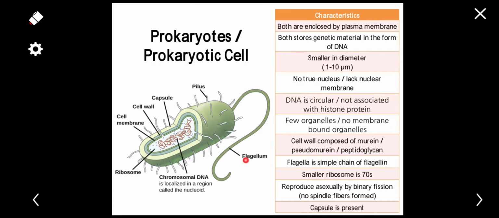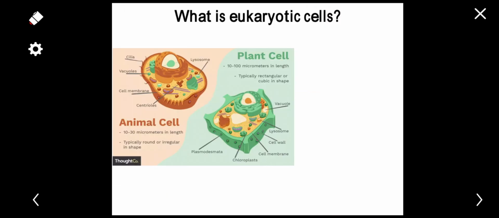Lum means singular. Flagella is plural. Okay, it's like a tail. And then ribosome, we calculate the size of ribosome based on this number, 70S. 70S is a smaller one. And then it can reproduce asexually by binary fission, which means division into two. And then the other is the capsule.